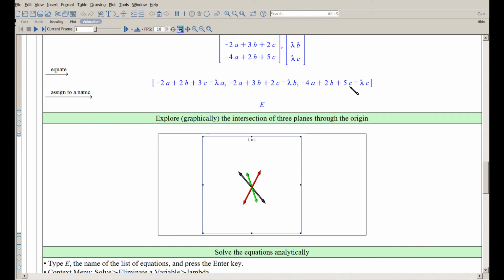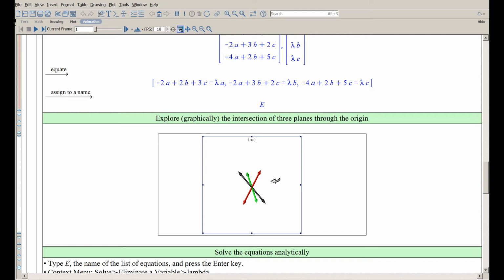Same thing for the other two equations, they represent planes. So I look at the intersection of the first and the second. Then I look at the intersection of the first and the third. Then I look at the intersection of the second and the third. So there are going to be 3 lines of intersection. And those lines are controlled by the value of lambda, right? Those lines will move around depending on the value of lambda.